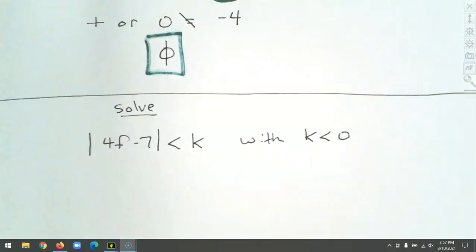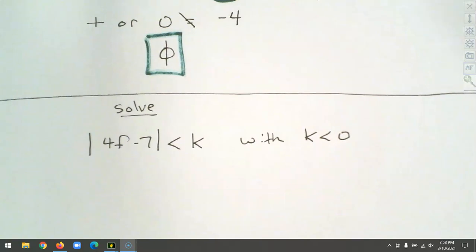Now this one is a little bit different, but we're going to have to find a value for k that makes it work. So what do we know about k? What's the condition on k? The condition on k is that k is what? K is less than 0.